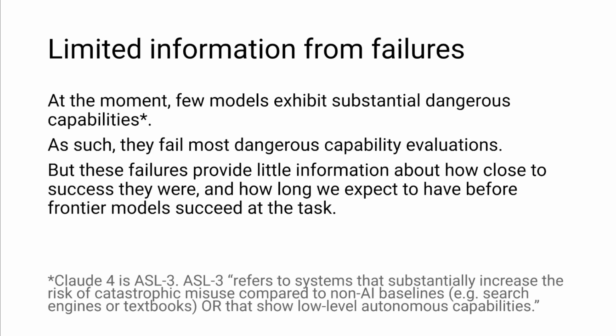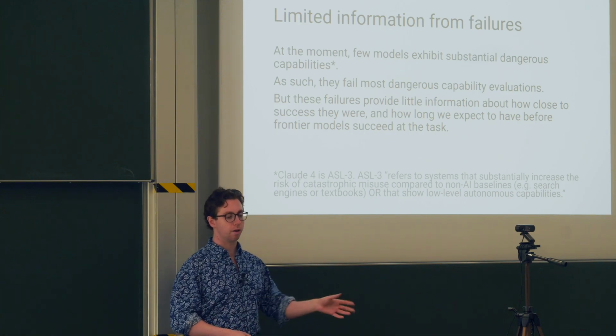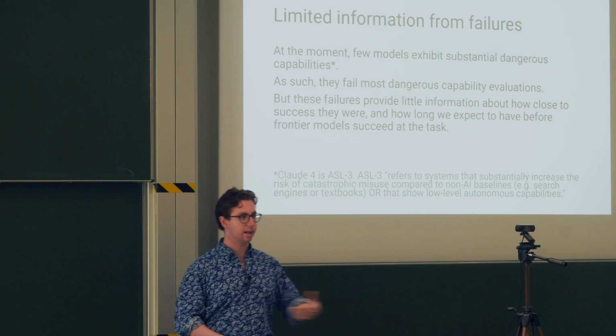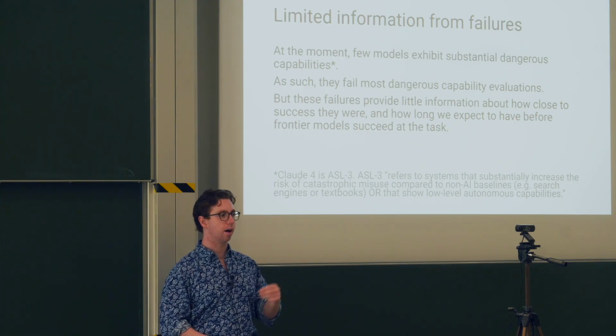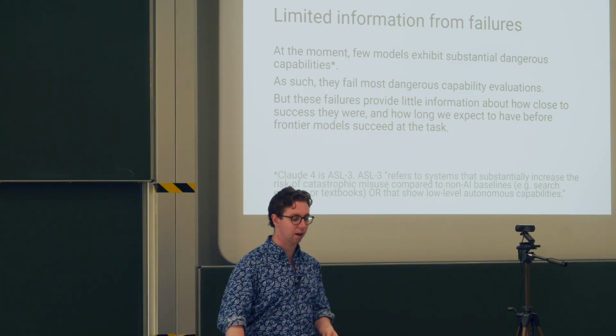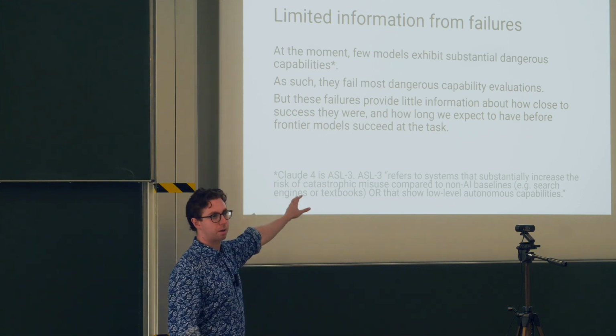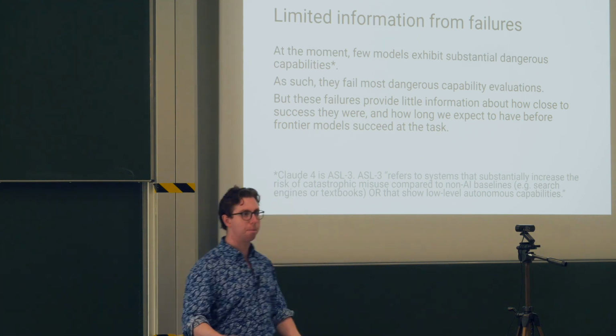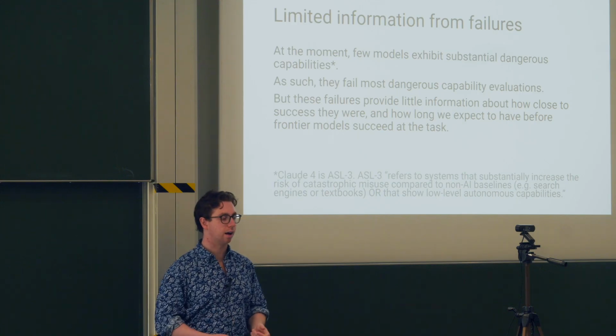ASL3 refers to systems that can substantially increase the risk of catastrophic misuse, so that's uplift of bad actors who are looking to cause some harm, compared to non-AI baselines, so compared to just giving them textbooks or search engines. Or it shows a low-level autonomous capability, so it's beginning to be able to do the kind of ARA threats that we discussed earlier. Claude 4 currently falls into this bracket. It is able to perform uplift on bad actors if they get their hands on it.